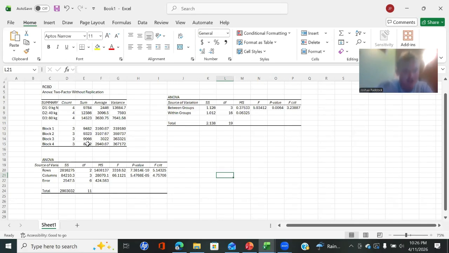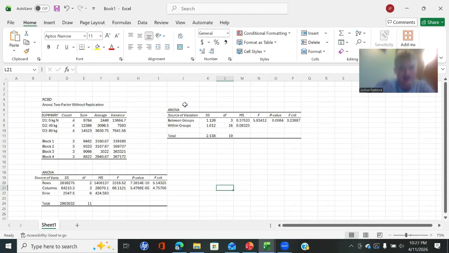It includes these blocks, as you can see, the sum, average, variance, and then the error within the ANOVA itself. And then on the right here is a CRD. It does not include the error, but it does include the between groups. And it does have the SS, df and all of that, the p-value and the critical value. So those are the two differences.